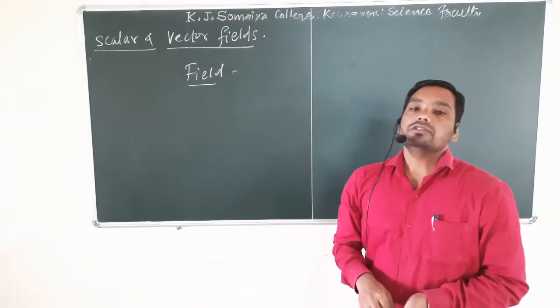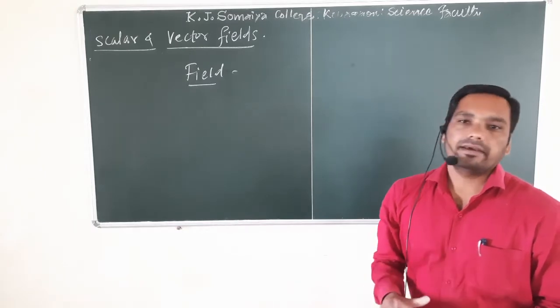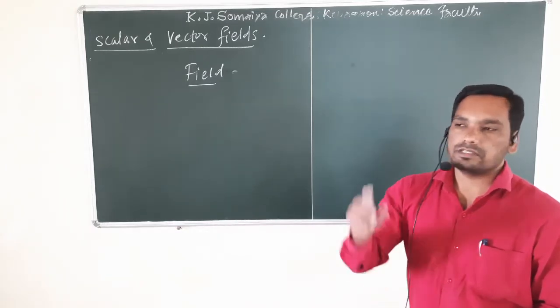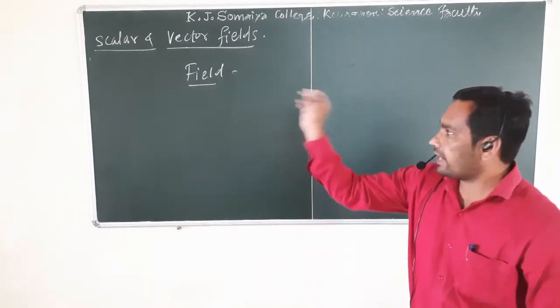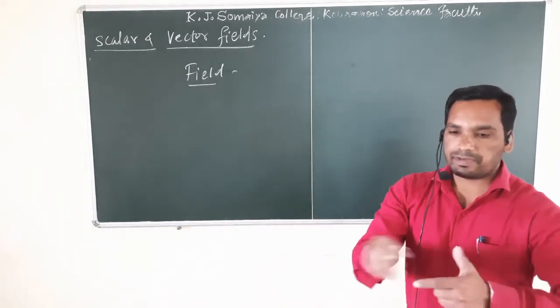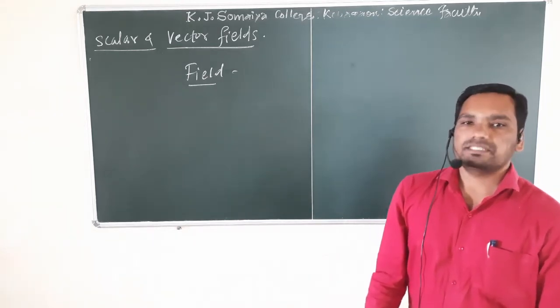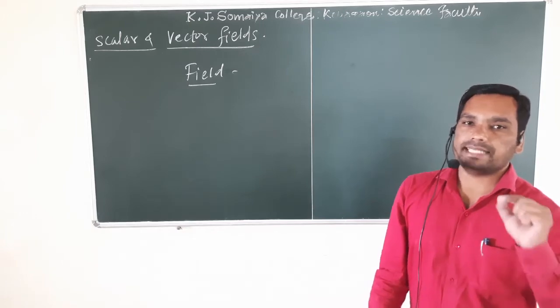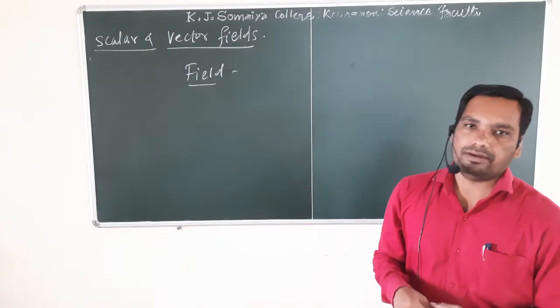Suppose we have a magnet which consists of north and south poles, then around that magnet we have a magnetic field in the space. Suppose we have a mass particle having mass m, then around that mass particle we have a gravitational field.